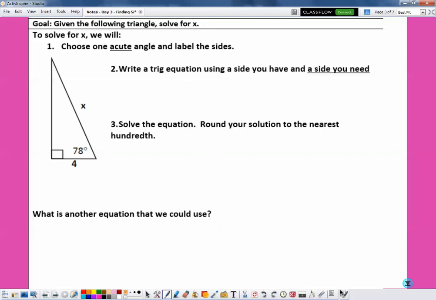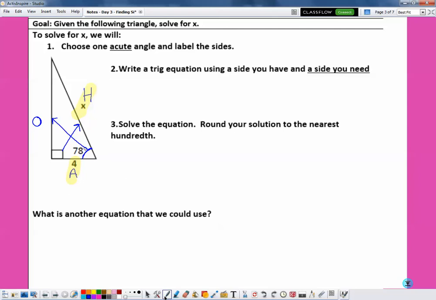Well, I'm going to choose the acute angle that's labeled here. And if we want to label our sides, across from that is our opposite side. Across from the right angle is our hypotenuse, which leaves our other side as our adjacent. So the information that we know is that our adjacent side is 4, and we know our hypotenuse is x.